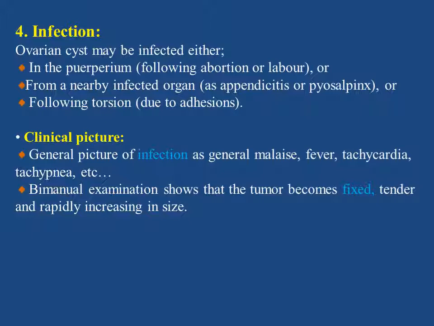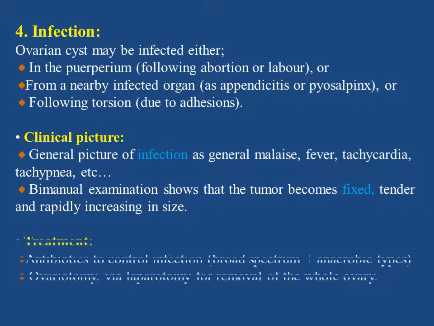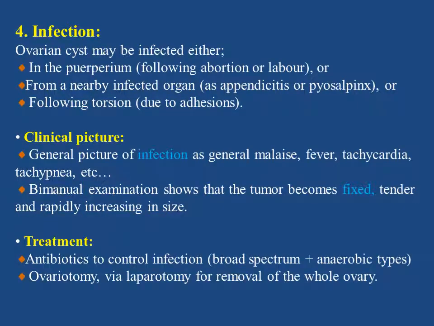Plus, if I'm doing bimanual examination, the tumor is fixed, tender, and rapidly increasing in size. Treatment, of course, is ovariotomy via laparotomy and removal of the whole ovary under antibiotic coverage to control the infection. It should be a broad spectrum antibiotic, also covering anaerobes.